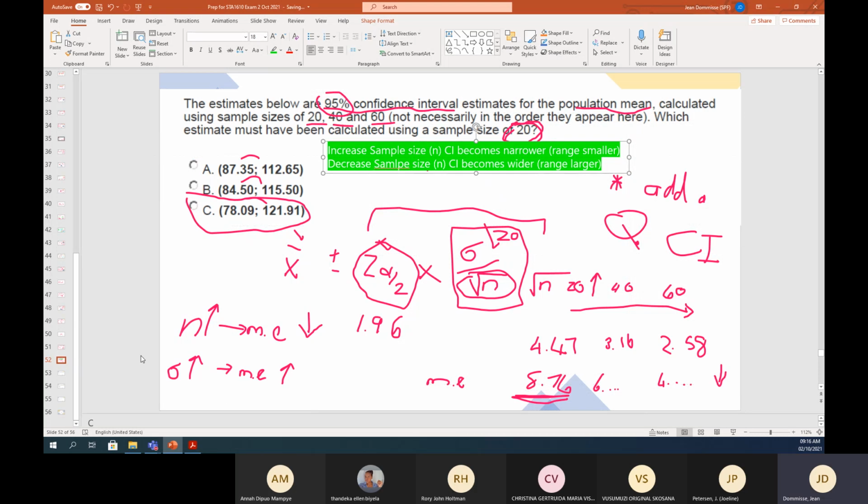And then the opposite is true for the standard deviation.